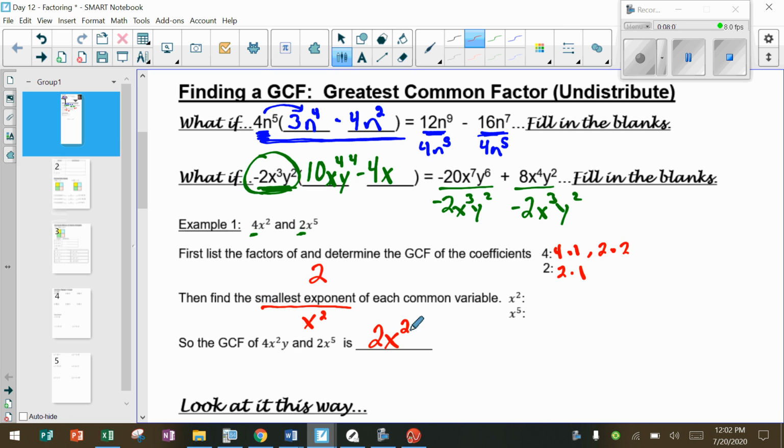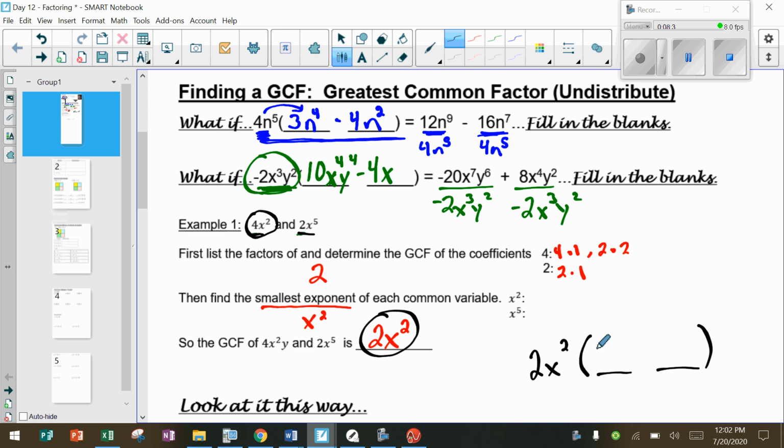So if we were told to factor this, we would put the 2x squared in front of the parentheses. There were 2 terms to start with, so I have 2 blanks inside the parentheses. Then I take the original term, divide it by the greatest common factor to figure out what should go in the parentheses.